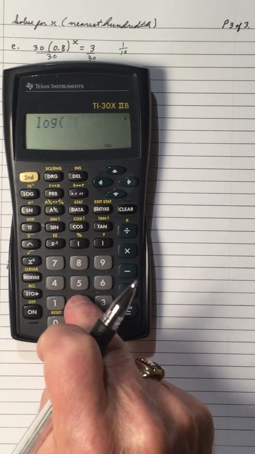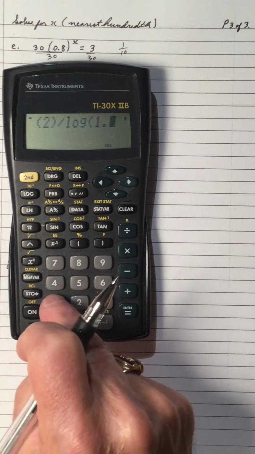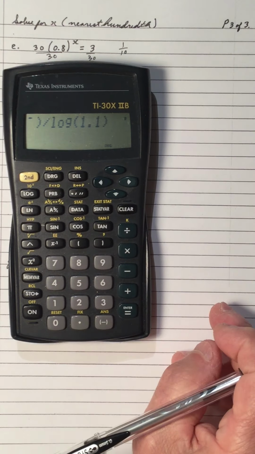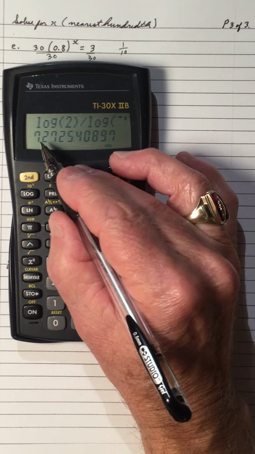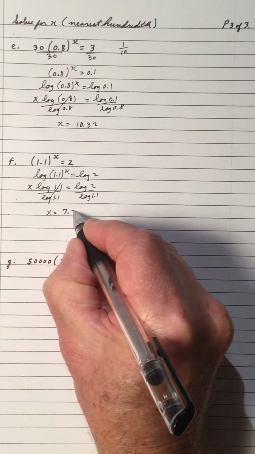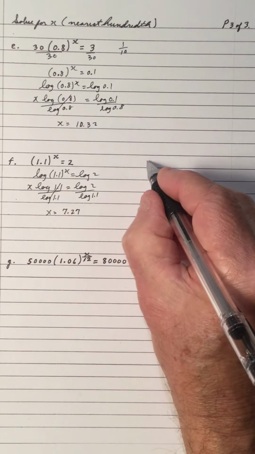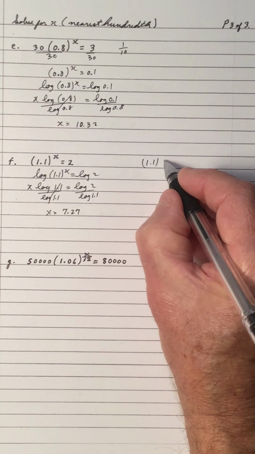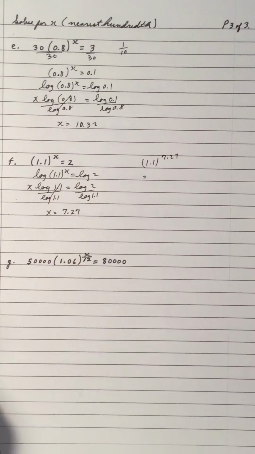So the log of 2 divided by the log of 1.1, and we get 7.27. This is less than 5, so 7.27. Again, it is approximate. Just to check that, 1.1 raised to the 7.27. Let's see what we're going to get.